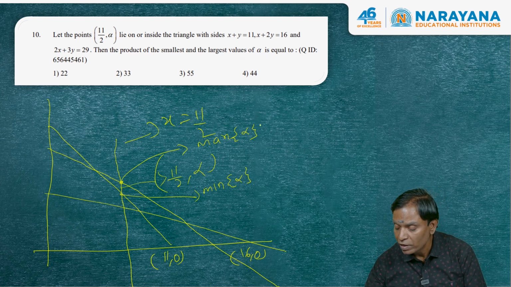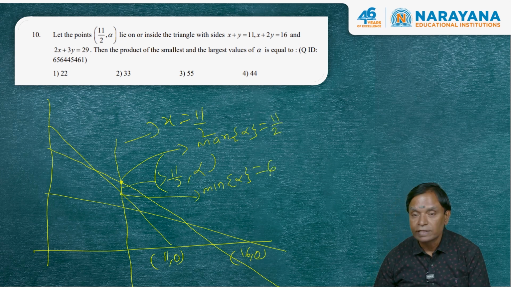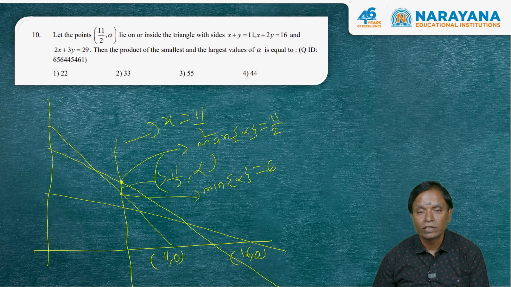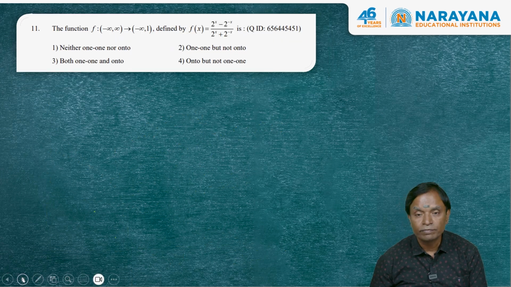You will get maximum value of alpha will be 11 by 2, which is the y coordinate. Similarly, minimum value of alpha will be 6. So the product of the largest and smallest values will be nothing but 11 by 2 into 6, which is 33, right. We'll go to the next problem.